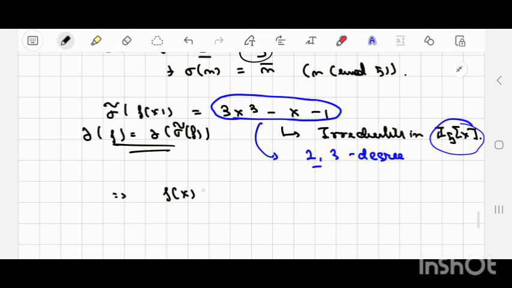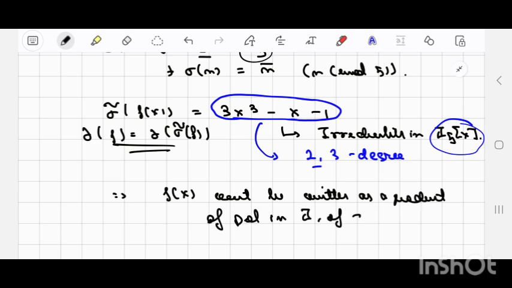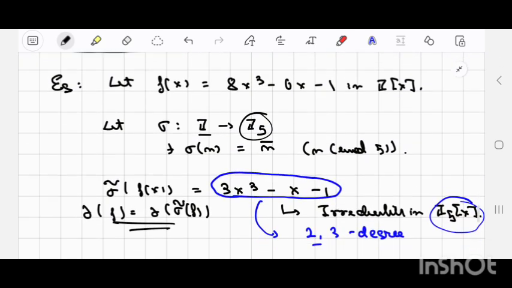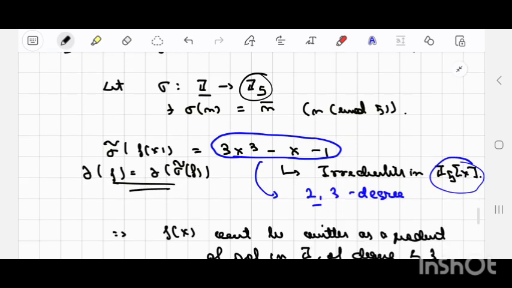So this implies that f(x) cannot be written as a product of polynomials in Z of degree less than 3. Clear? Fine.